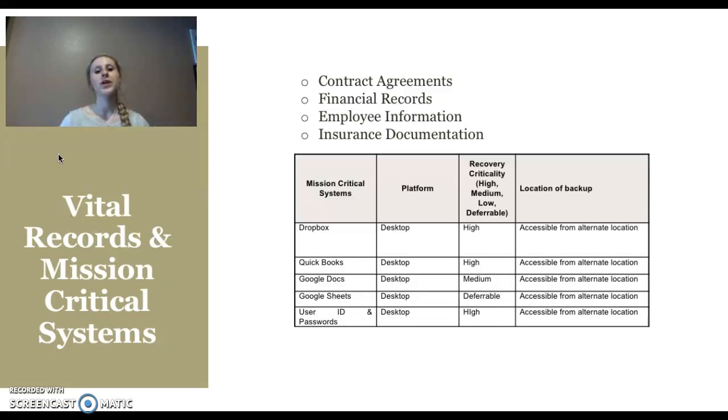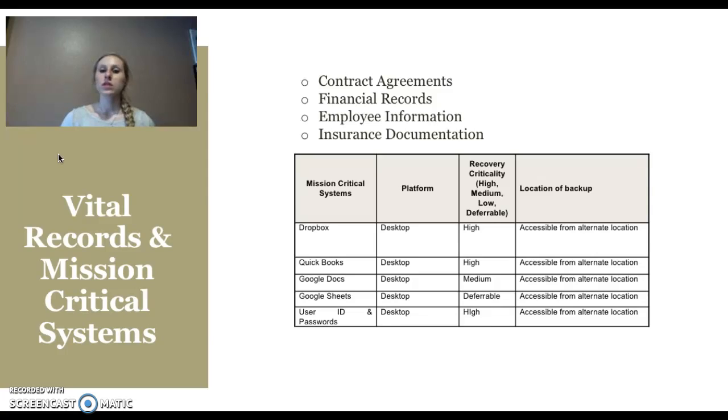So vital records include contract agreements, financial records, employee information, and insurance documentation. We use mission critical systems to store these vital records. So for instance, we use Dropbox, and all of these records are kept on hand in the office but are also backed up to Dropbox, which can be located and accessed from an alternate location.